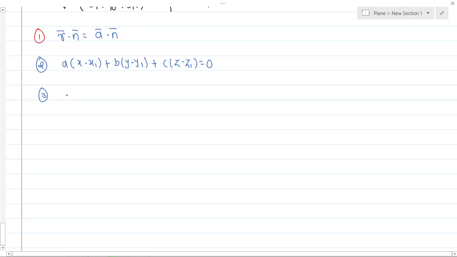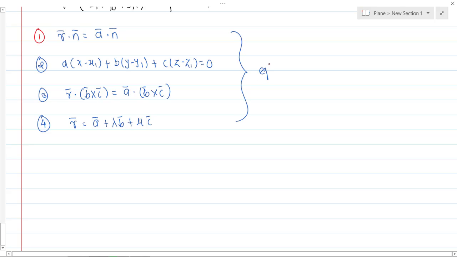Third equation just now we have seen, r bar dot b bar cross c bar, which is equals to a bar dot b bar cross c bar. And just now we have seen that R bar is equals to A bar plus lambda b bar plus mu c bar. So these are the four equations of the same plane.